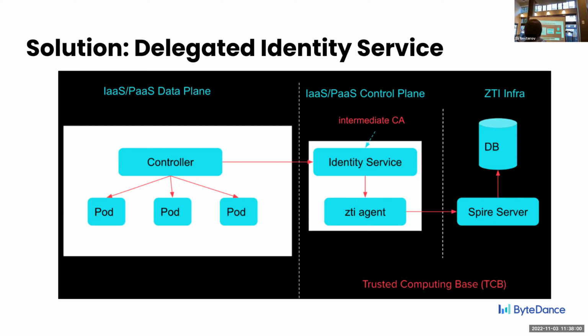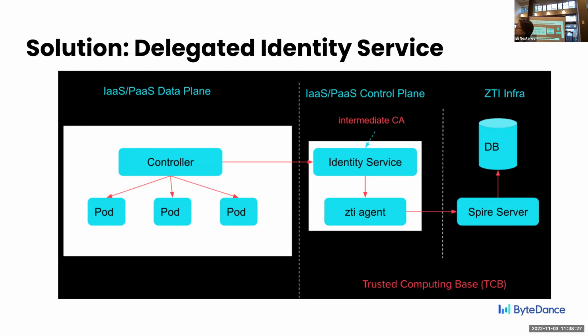So we are delegating the identity to this service in the PaaS control plane. And you can see that there are some security trade-offs, right? Because the identity service is very powerful. It has a signing key. It can sign arbitrary tokens and certificates with arbitrary identity. But we feel like we trade off security and usability and adopt this model.